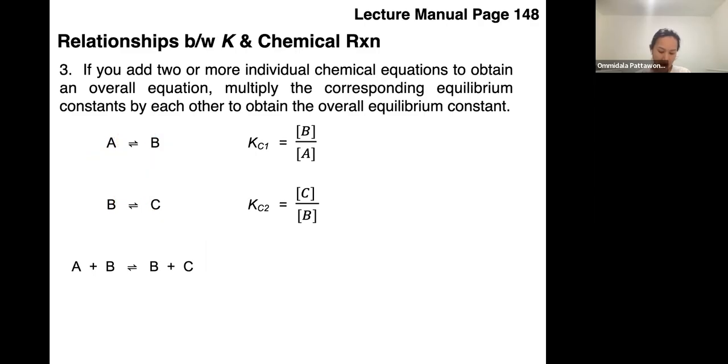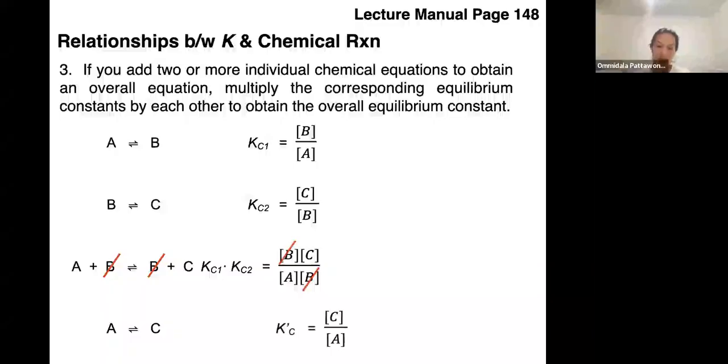The new Kc is going to be the new product over the new reactant. B appears on both sides of the equation, B on top and B on the bottom, so you can cancel B. That means it involves only A and C, so the new Kc would be C over A.